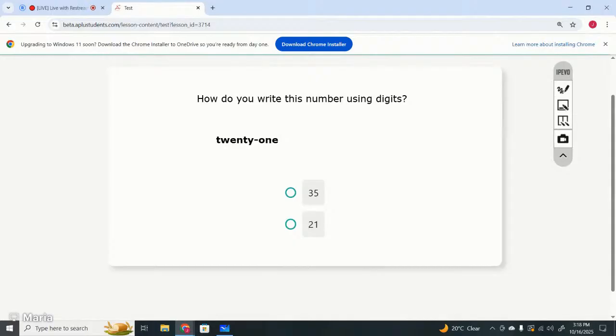How do you write this number using digits? 21. So, which is the correct option? Option number 2 is the correct option, 21 it is.